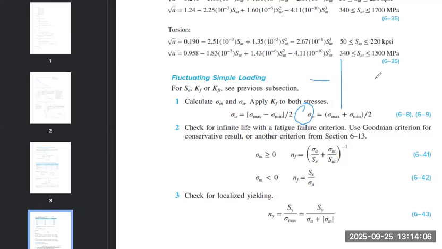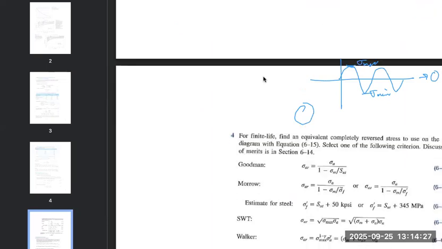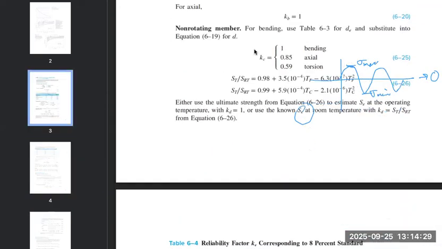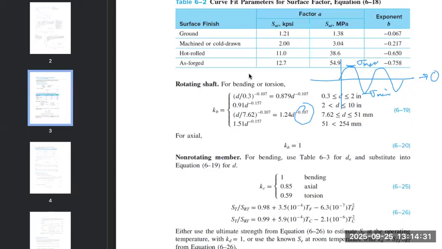In completely reversed loading, the mean stress is at 0, and this is sigma max and sigma min. Check for localized yielding. We won't need all of these equations just yet, but we will need some of them.